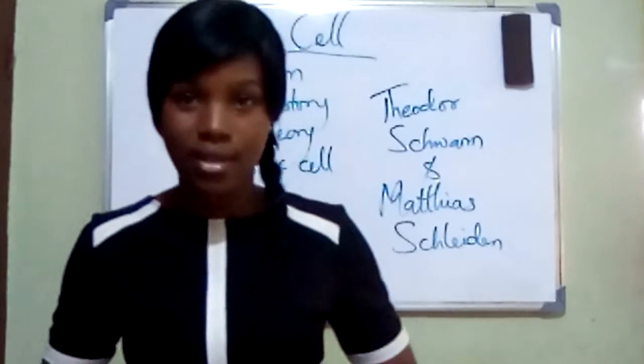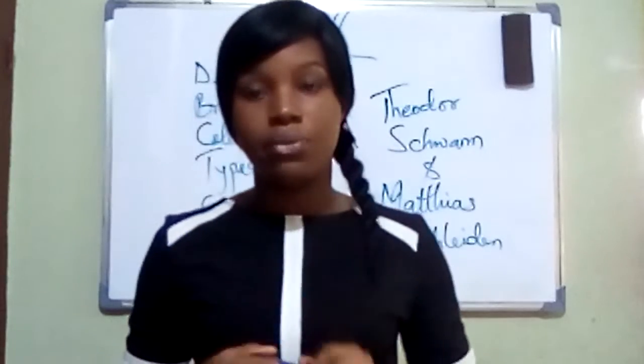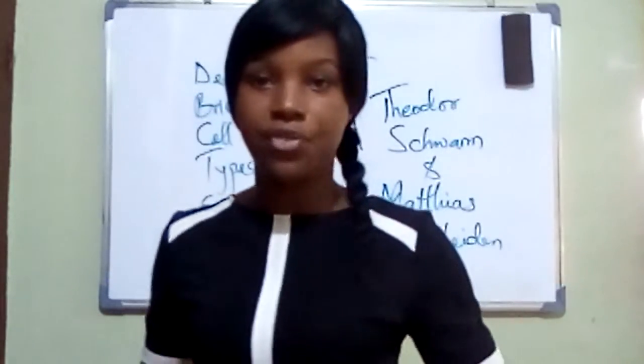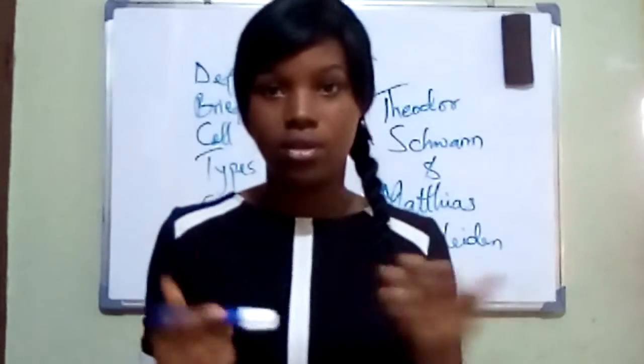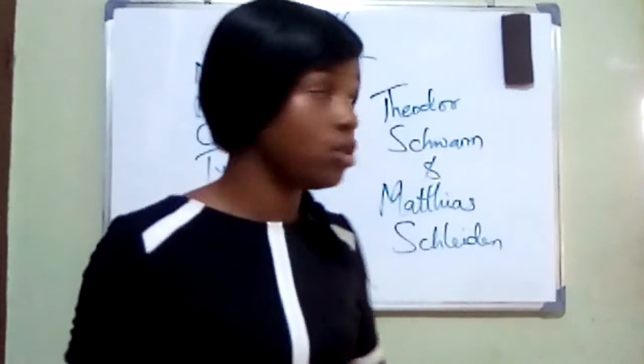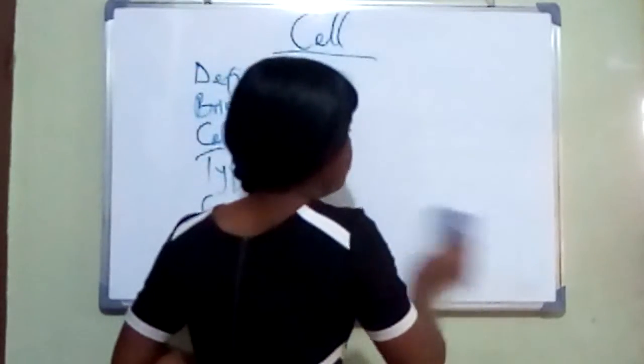One a botanist and the other one a zoologist. They made some observations while studying their different organisms and discovered that they had some common observations among these organisms that they studied, which brought them to propose the cell theory.